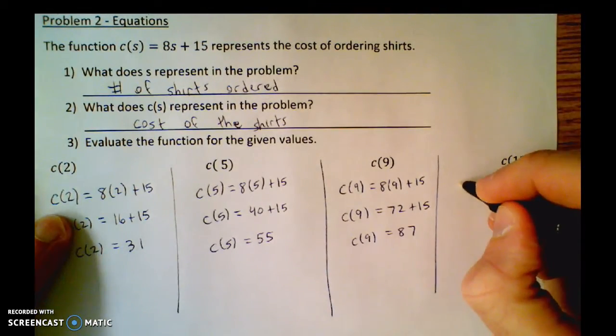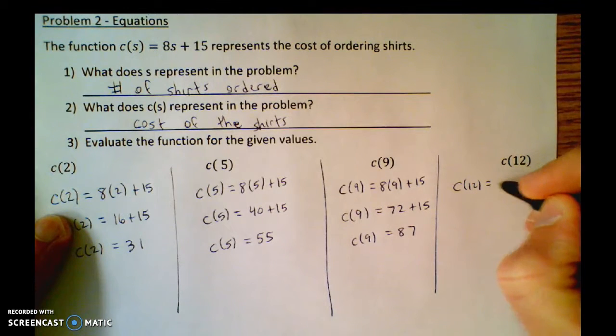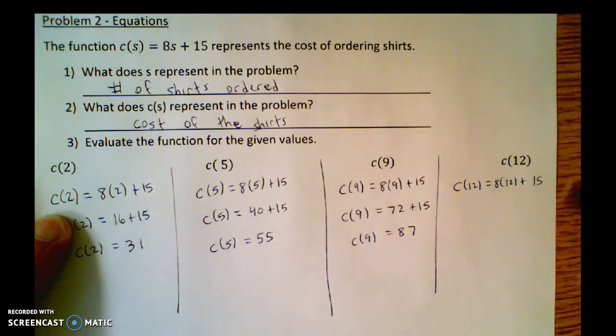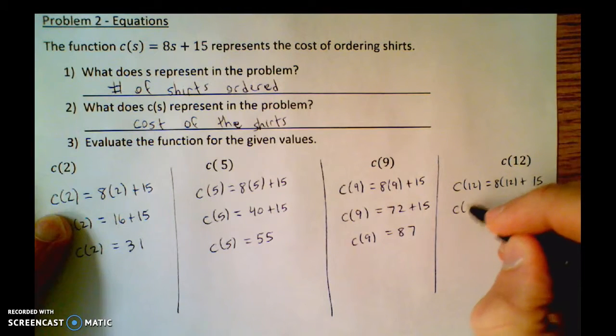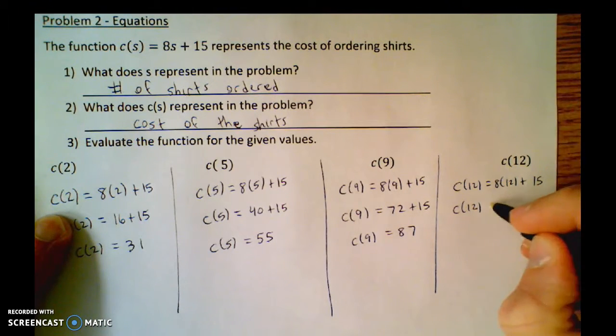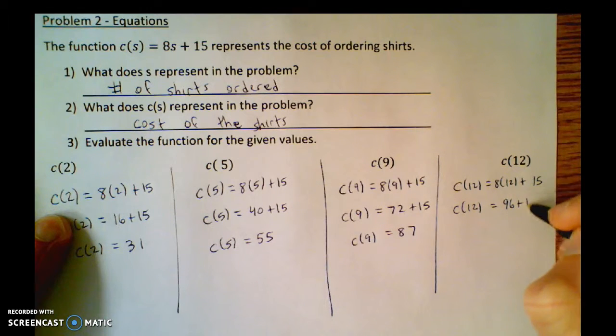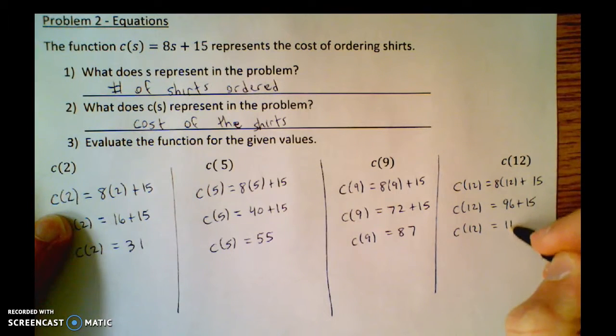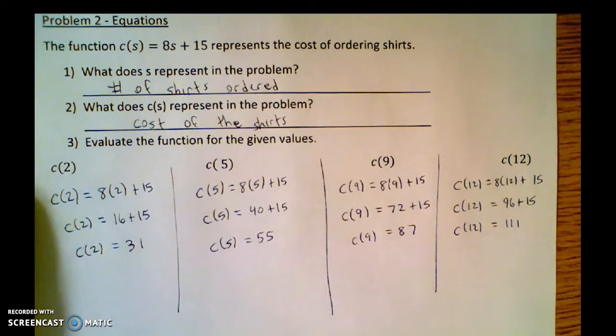And finally, C of 12. Eight times 12 is 96. 96 plus 15 gives me 111. So the cost of 12 t-shirts is $111.